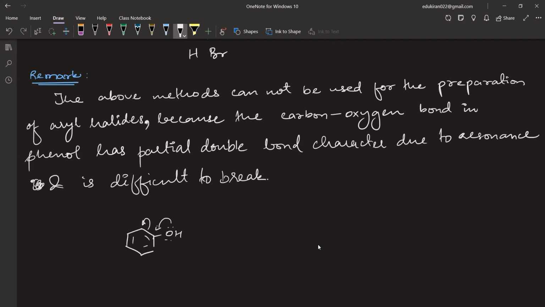One is enough. You can show one resonating structure, that will be enough.